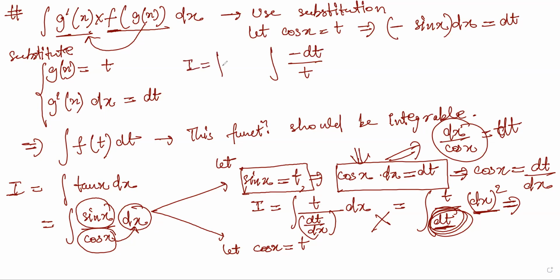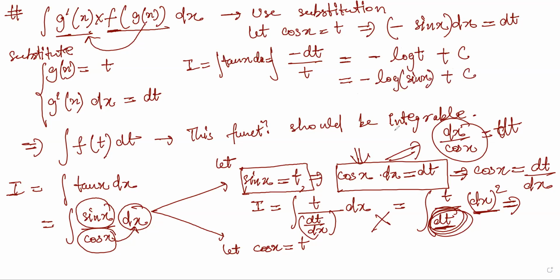Hence, I, which is the integral of tan x dx, becomes minus dt by t. You can take minus outside of the integration, and this will become minus of log t plus c. Since t is cos x, it is minus of log cos x plus c.